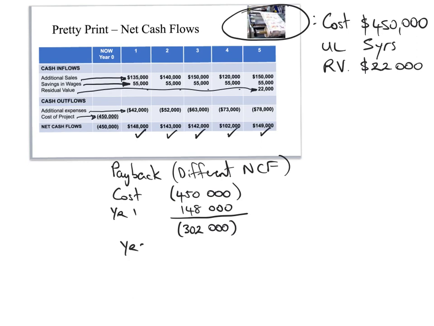So the cash flows from year two are going to be $143,000. So it leaves us $159,000 to recover.